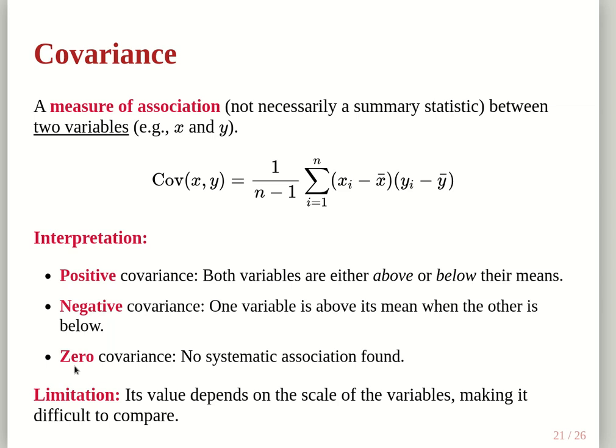Now, there is something that hopefully you have picked up, and that has to do with the fact that the specific number that I find is going to depend heavily on the scale of the values that we find across our x and y variables. In other words, it might be difficult to judge how close to 0 we have to be in order to assert that there is not a systematic association between our two variables.